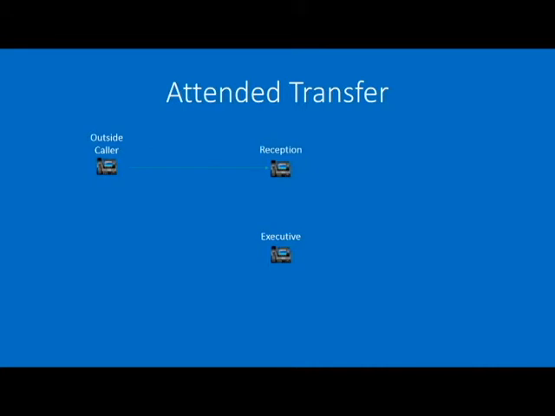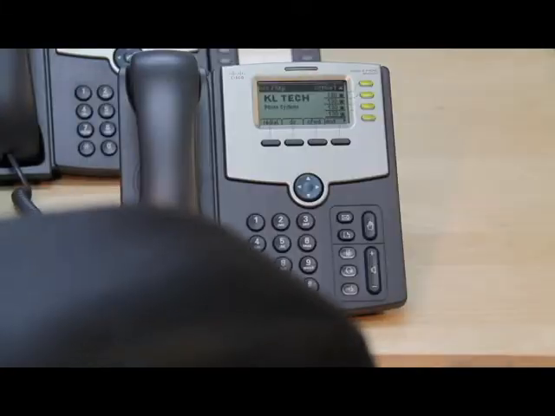And what happens at this point is the outside caller gets put on hold and we get connected to the executive. And then we can ask the executive, do you want to take this call or not? If they do want to take it, we go ahead and hit XFR or join, depending on the phone, and the call is completed. So let's walk through that on the phone.